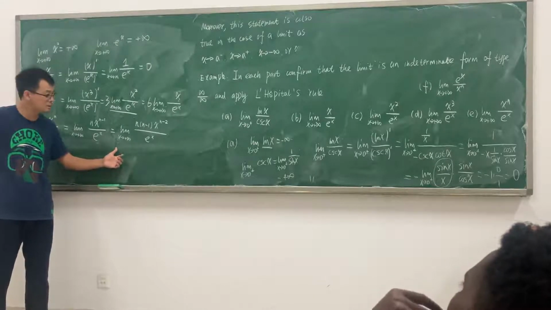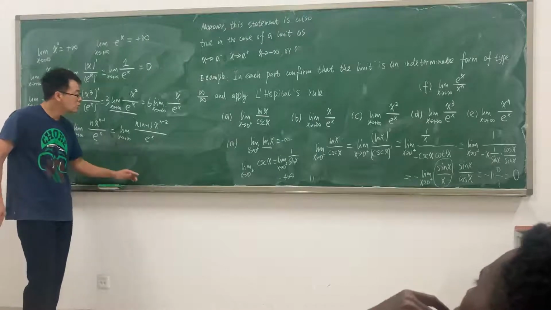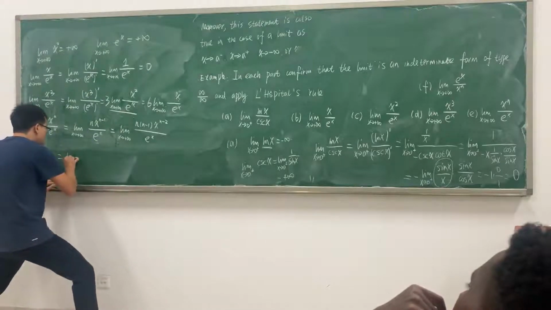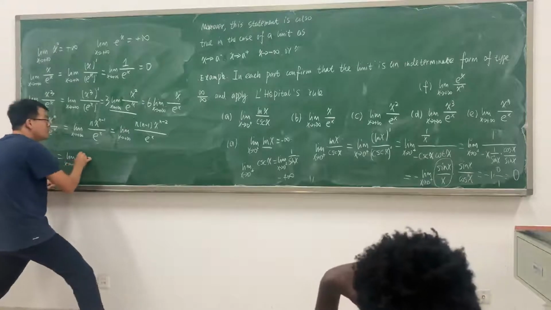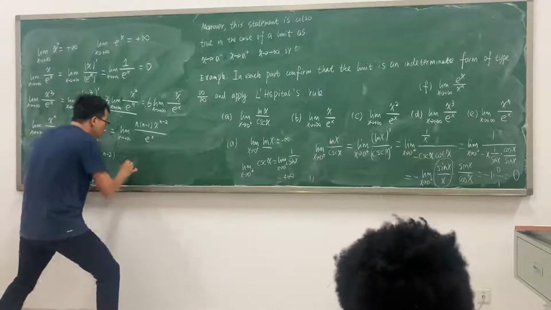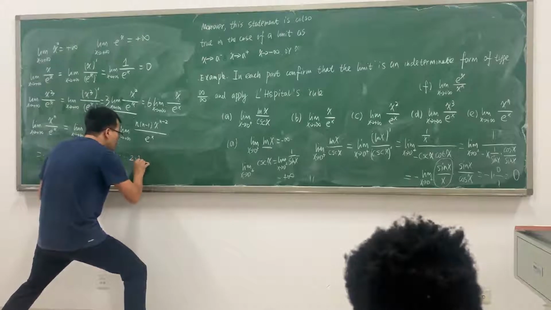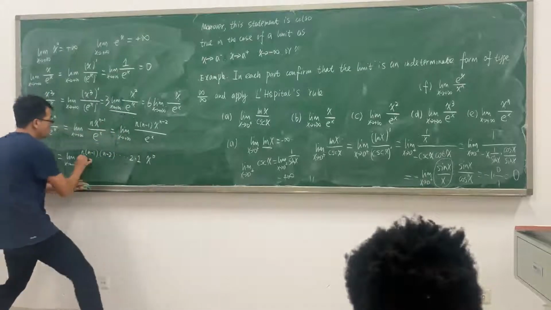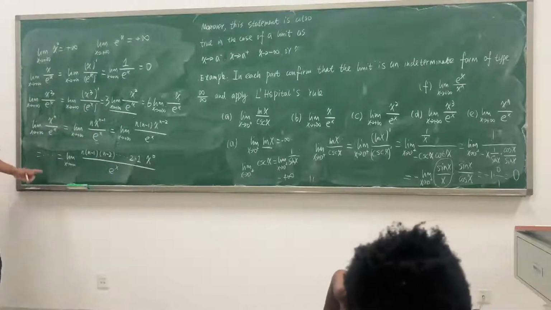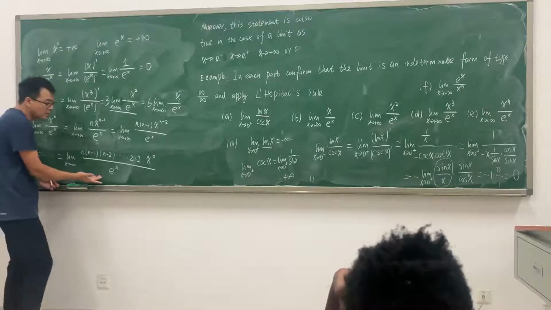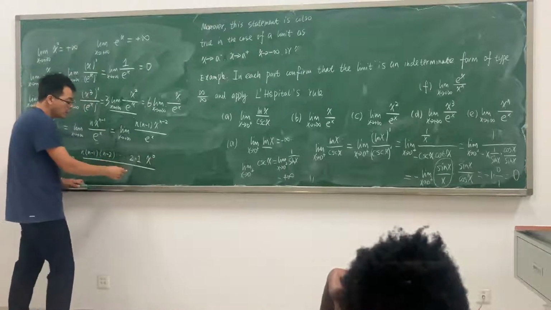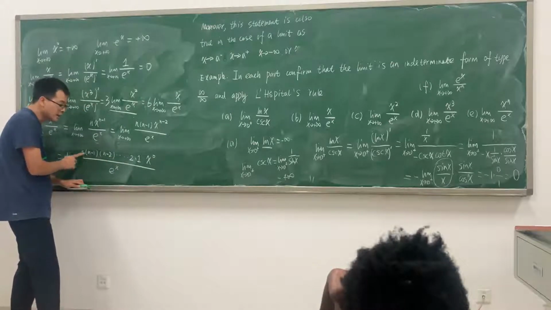We use L'Hopital's rule twice, and we can use it again. Eventually, we use L'Hopital's rule n times, giving n times n minus 1 times n minus 2 down to 2 times 1 times x to the 0, divided by e^x. Here x to the 0 power is 1.